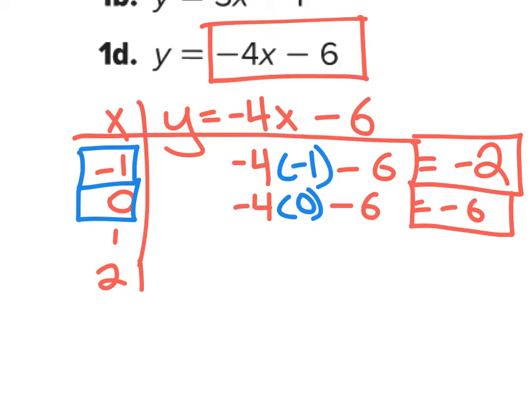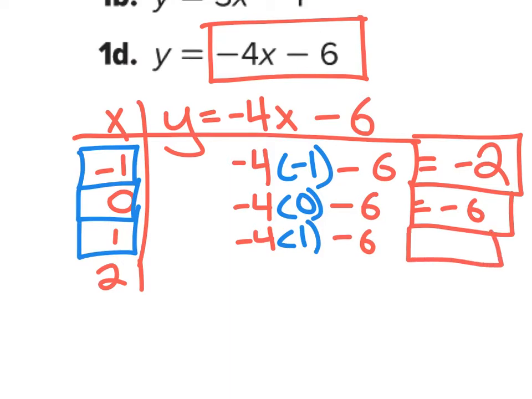So when x is 0, y is -6. All right, next, x is 1. So I'm going to plug in 1 for my x. So I've got -4 times 1 minus 6. -4 times 1 is -4, minus 6 is -10.